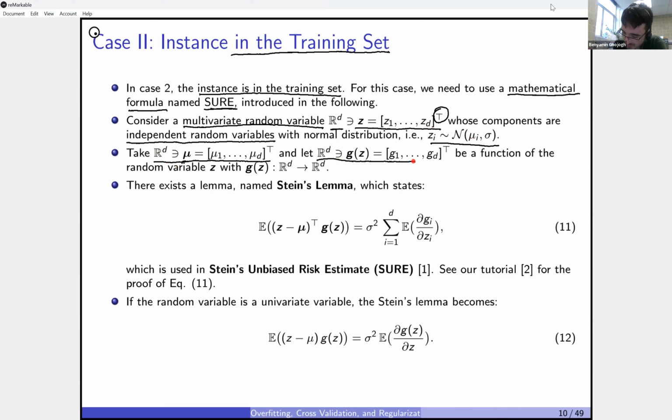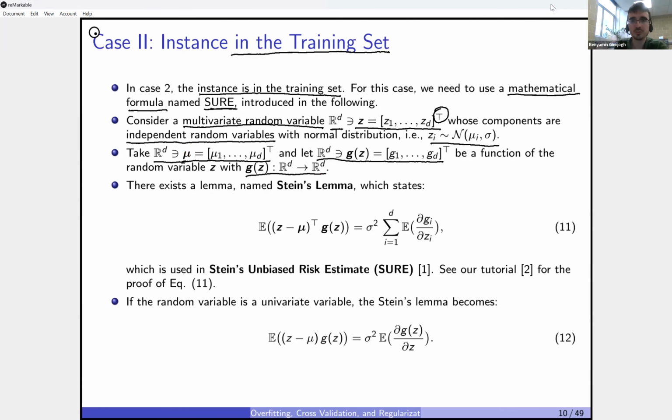Also, assume g of z is a function on the random variable z, from g1 to gd transpose, okay? So every element of z has a Gaussian distribution with some mean. We put the means together to have the vector of means, mu. Also, g of z is a function on this random variable.